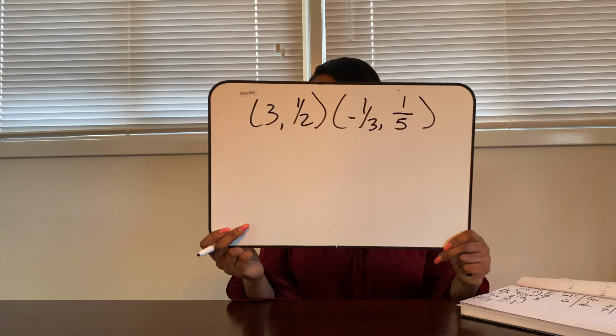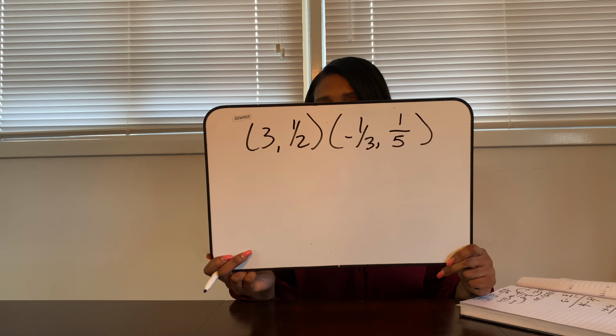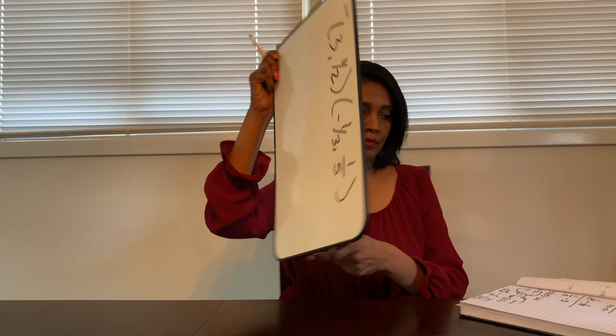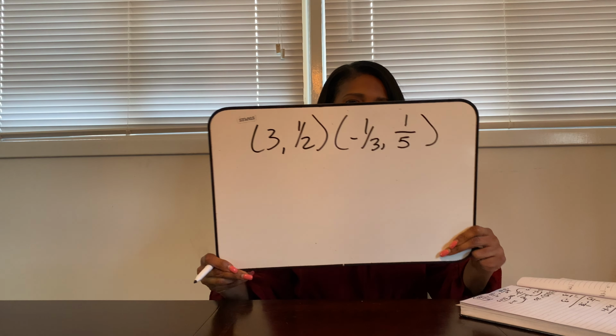It is 3, -1/2. And the second parentheses is -1/3, 1/5. Okay, got it? Okay. Once again, all you need to do is plug in the numbers, subtract the numbers, make sure you follow the signs, whether they're negative or positive, and you should come out with the right answer with no problem.